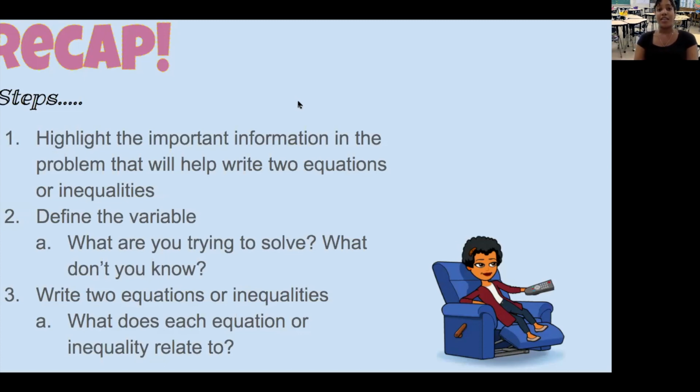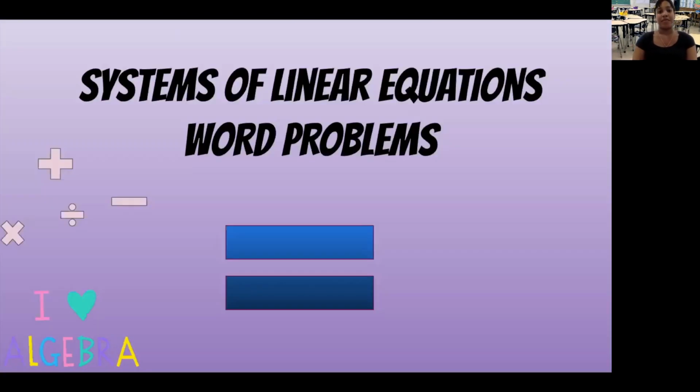Sometimes they give you the variable and tell you what to use, but if they don't, you have to say, let X stand for this, let Y stand for that. Lastly, you need to write the two equations or inequalities, and you can ask yourself, what does each inequality or equation relate to? So let's do systems of linear equation word problems first.